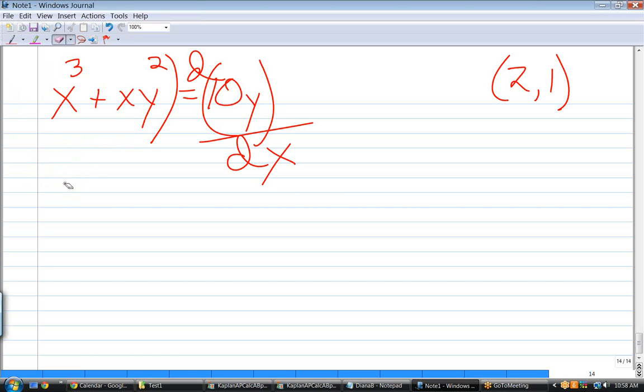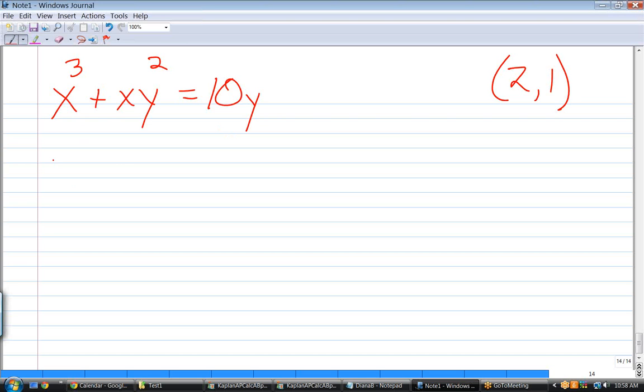Okay, so let's start from the left. What's this? In other words, explicitly differentiate this. Okay, what's next?